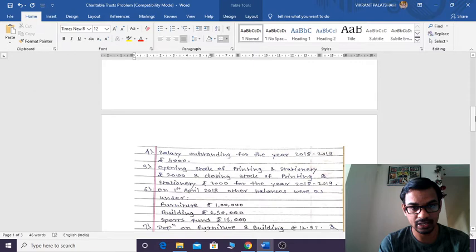Therefore, to printing and stationery, the total amount given is 13,000. Write it down in the inner column.